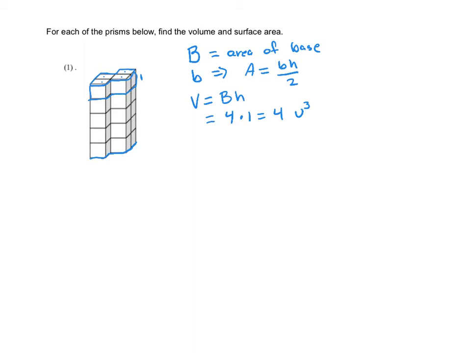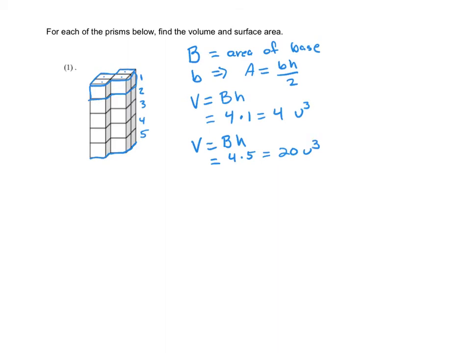In this case, there are 1, 2, 3, 4, 5 layers. So to find the volume of the entire prism, we would do the area of the base times the height. The area of the base is 4 times the height, which is 5, so that will equal 20 units cubed.